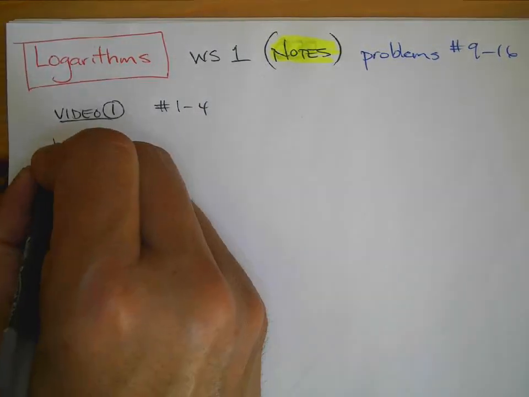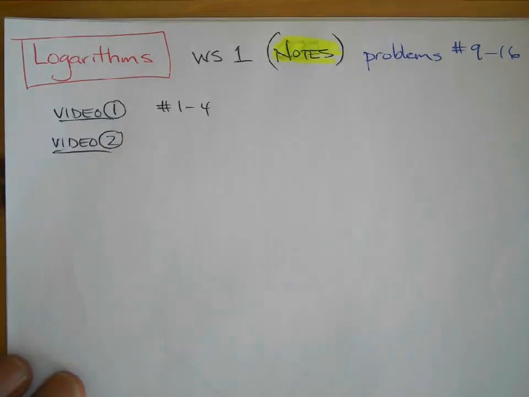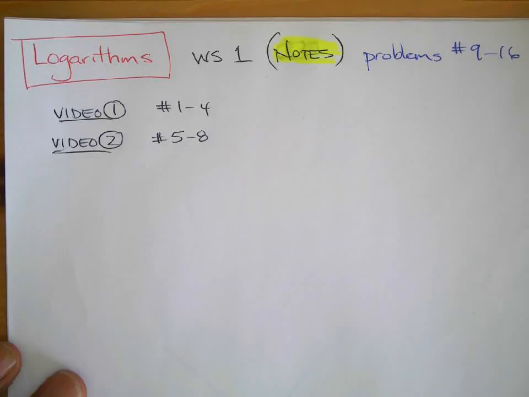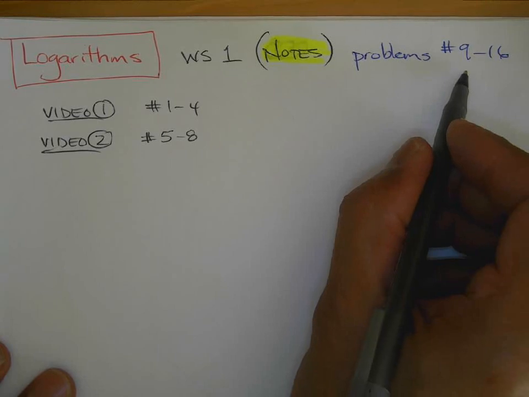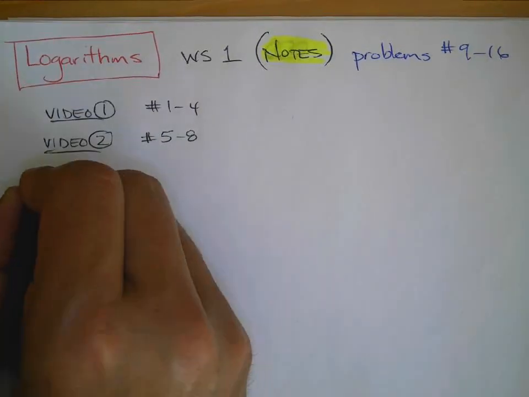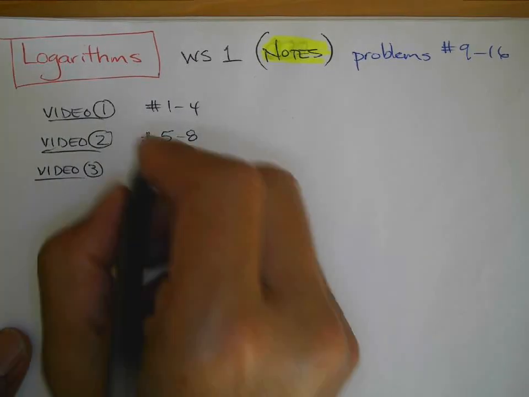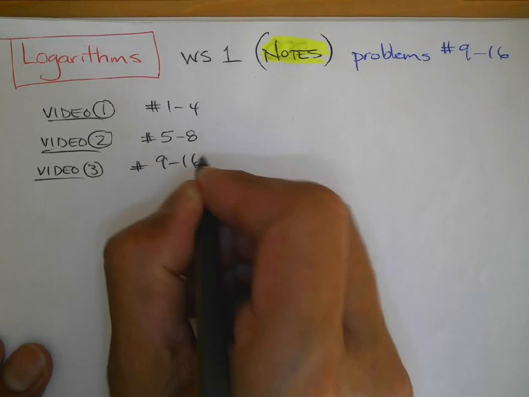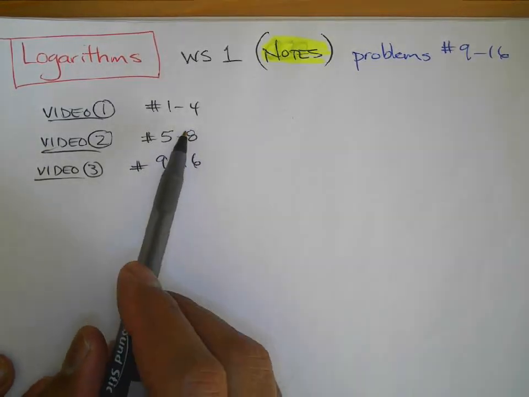Sorry, the second video explains how to do the problem set 5 through 8. And now this is the third video, right? The third video is going to explain how to do the problem set for this first assignment, numbers 9 through 16. And this is going to be much different from what you did in these first 2.